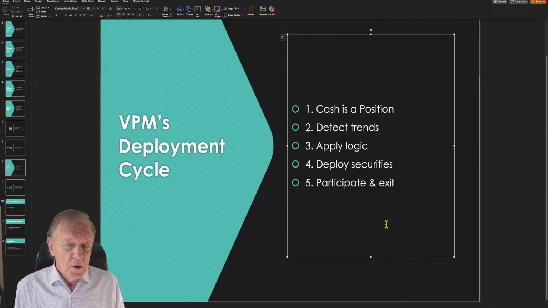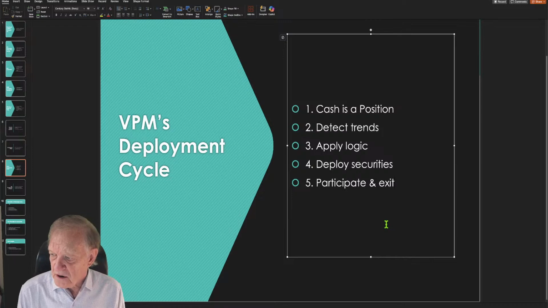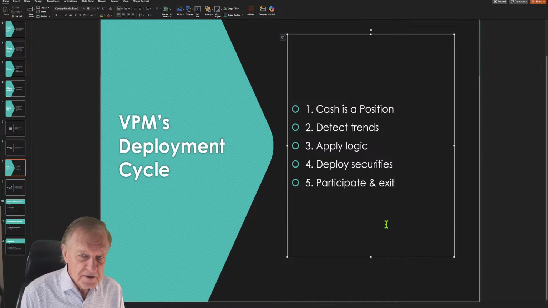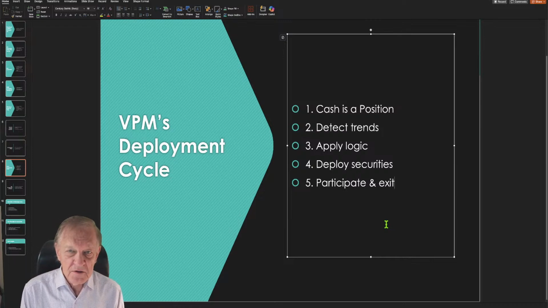So the biggest, last thing here, number 5, is that the biggest thing we have to do is decide when to get out of a trade, right? Taking profits.